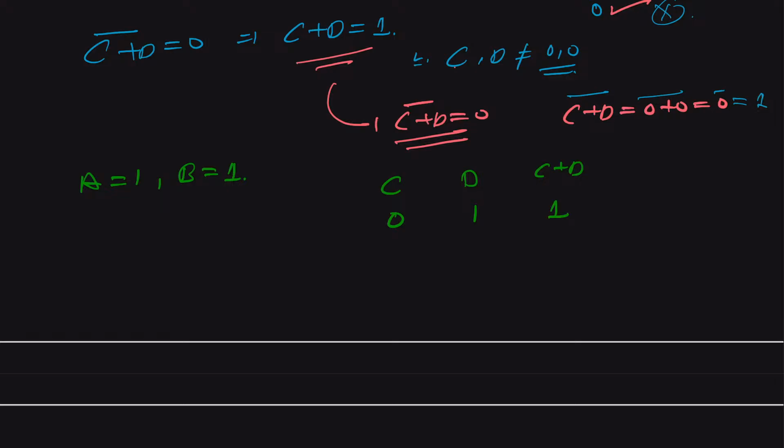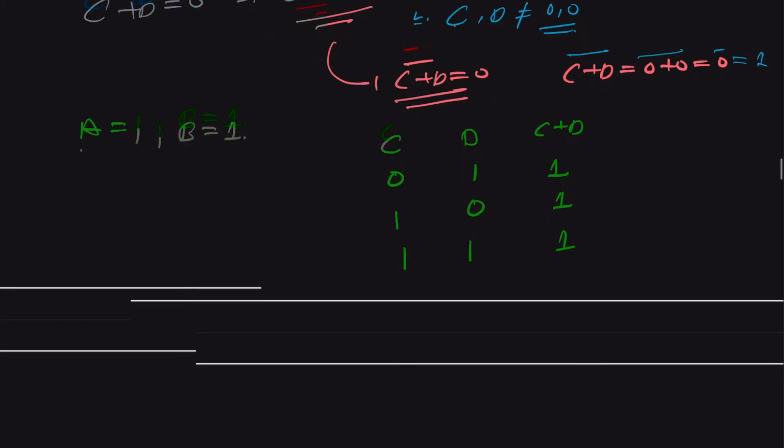And if C is 1, D is 0, their summation is still equal to 1. And if both are equal to 1, their summation is equal to 1. So we can have multiple combinations of this A, B, C, D.